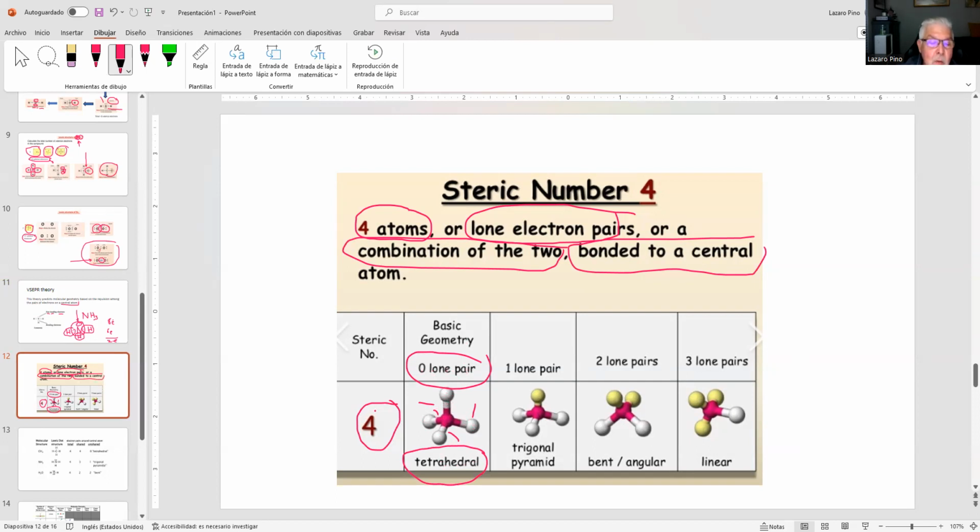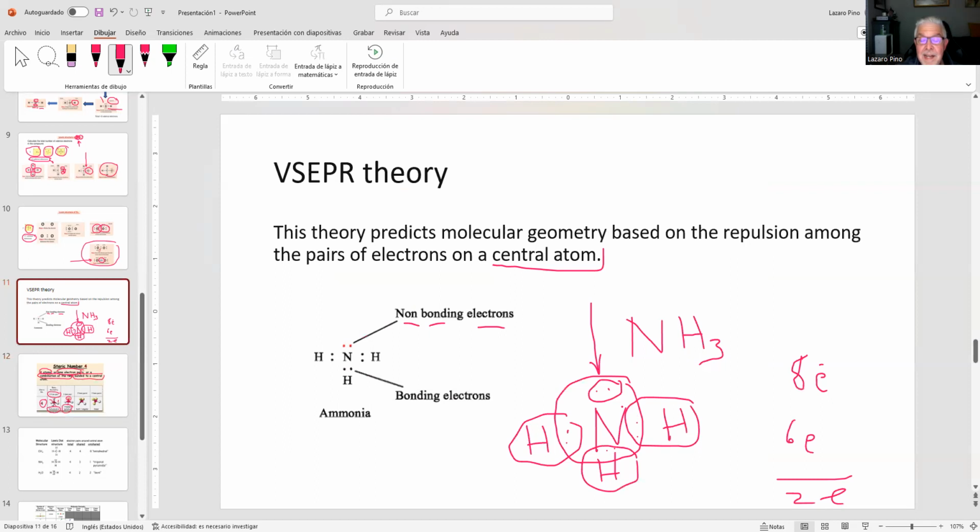But what happens when we have 4 groups of electrons, but only 3 atoms and 1 lone pair? This lone pair is the 2 electrons that belong only to the central atom. Well, in this case, the structure is trigonal pyramid. And it's the case that we have seen before. In the case of ammonia, we have the nitrogen.